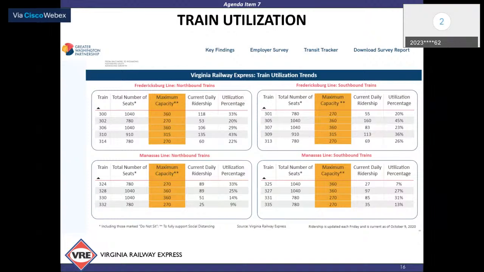And so the point here is simply to get this information out to the masses, to inform riders specifically on the capacity we have on individual trains, and that'll aid in their decision on which trains to ride on any given day.